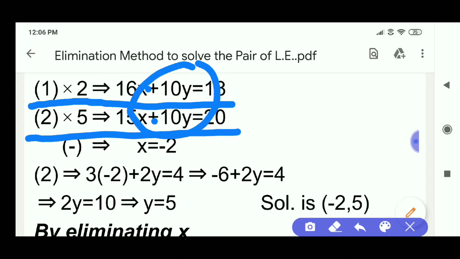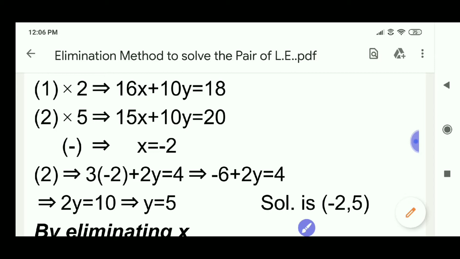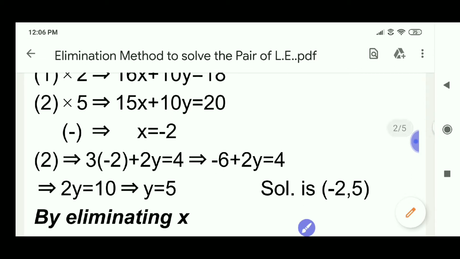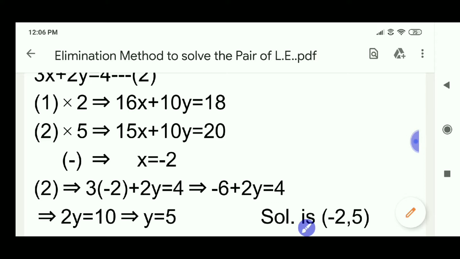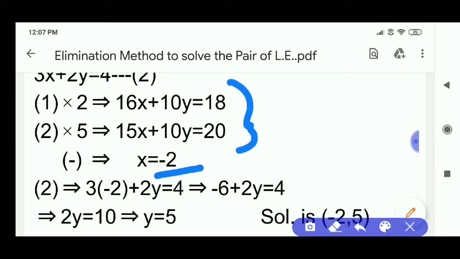So we subtract the second equation from the first equation. Then 16x minus 15x is x, and y will be cancelled. Here 18 minus 20 becomes minus 2. So we get x = -2.